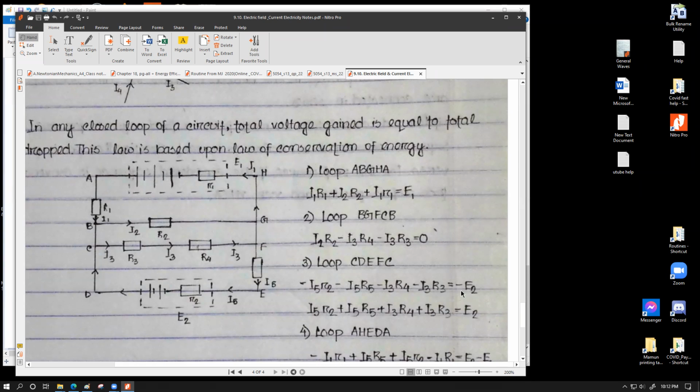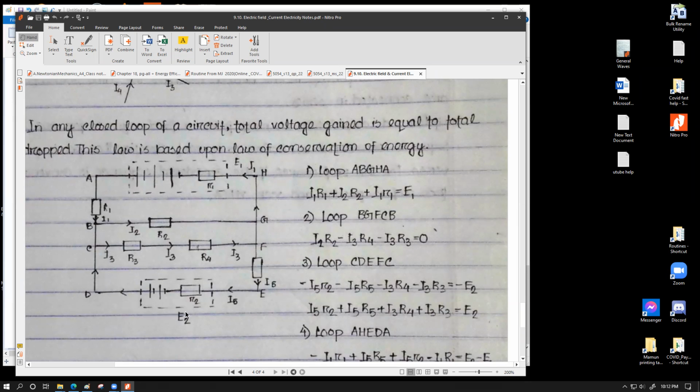Current direction or loop direction different. কারেন্ট ডিরেকশন আর লুপ ডিরেকশন ডিফারেন্ট, তাই এখানে মাইনাস হয়েছে। This is not correct. Current direction will affect the plus or minus for the potential drops on the left side. For the EMF source, you have to consider the preferred direction of current by the battery.